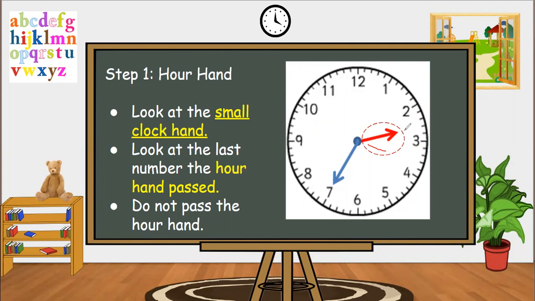Here our hand is pointing between 2 and 3. It's not yet 3, but almost 3. So look at the last number our hand passed. It means it's 2 o'clock. Okay, let's go to the next.